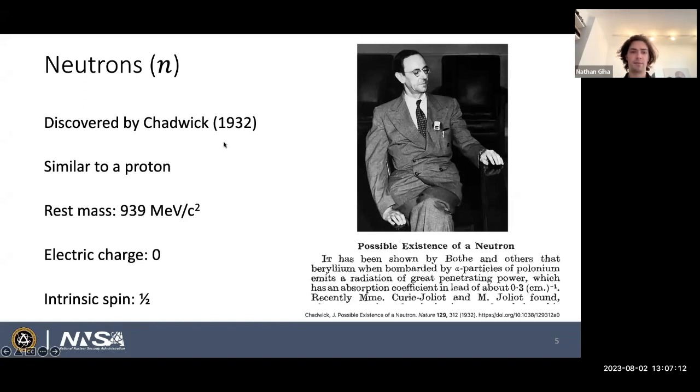But after Chadwick made this discovery, it all made sense that there was this neutral particle in the nucleus. And because it was neutral, it was so difficult to measure. But beyond that, it's pretty similar to a proton. The rest mass is pretty similar, around a GeV or so, a little bit less. It's electrically neutral, and just like a proton, it has an intrinsic spin of 1/2.